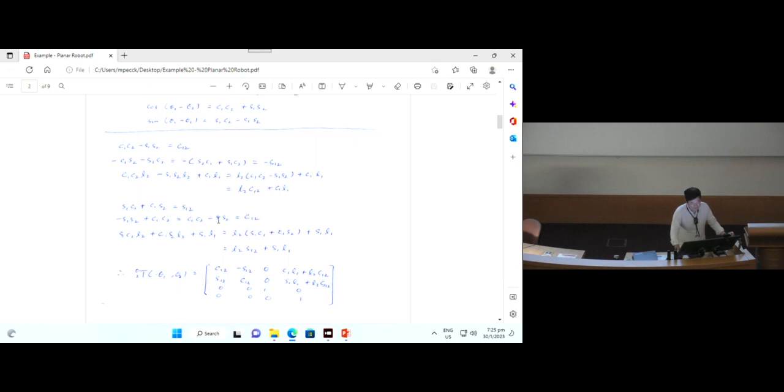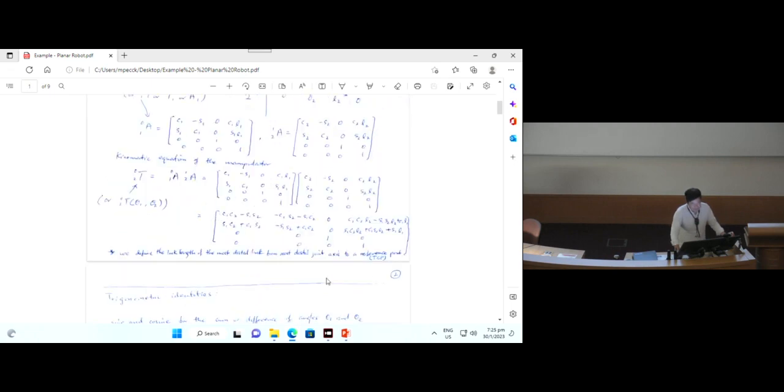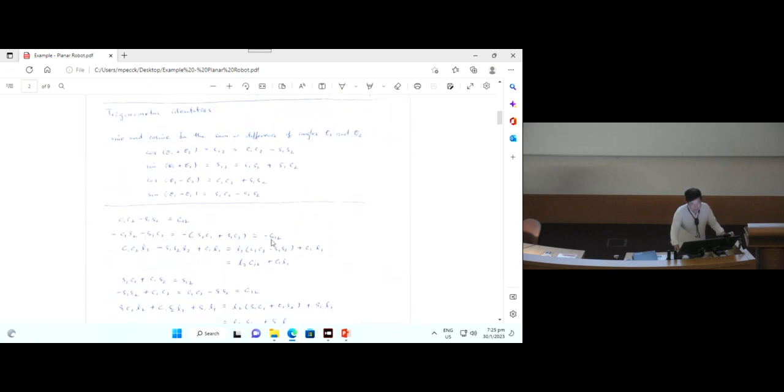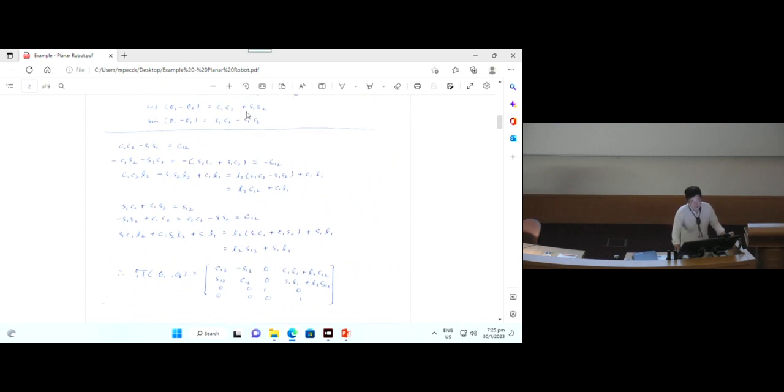Okay, so this is a set of trigonometric identities that you need to work out. With these trigonometric identities, you arrive at a simplified form. So this is a simplified form where you have 0T2 of theta 1, theta 2 equal to C12, minus S12, zeros, L1 C1 plus L2 C12, and so on.